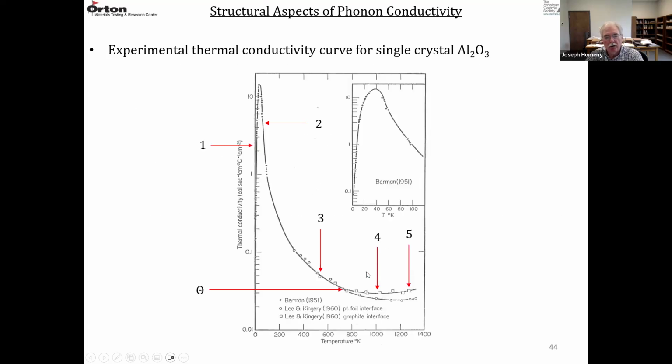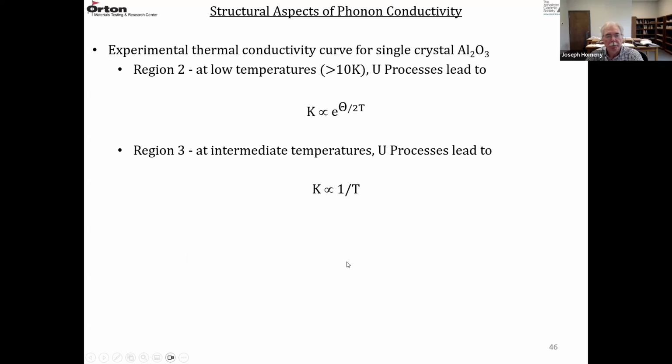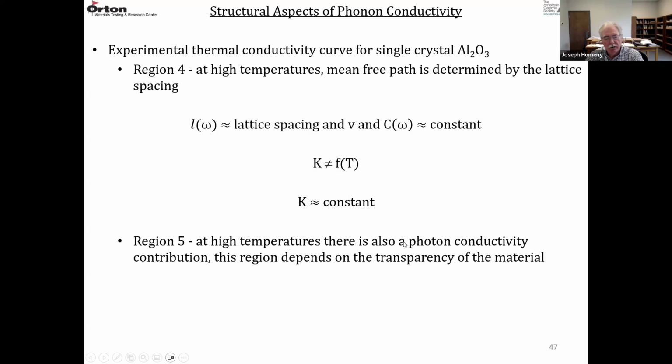So if we go back to our diagram here, you're seeing in this higher temperature region, the conductivity tends to be flat. It's not a function of temperature. And then in region 5, if the material has some transparency, radiation conductivity can take place. Or if the material has pores, you can have radiation across pores.